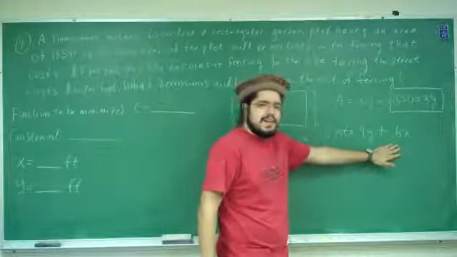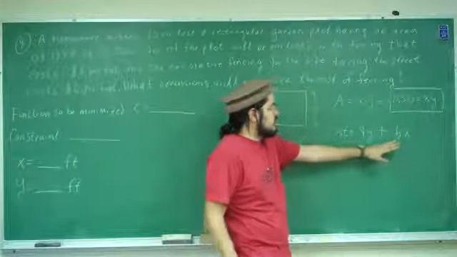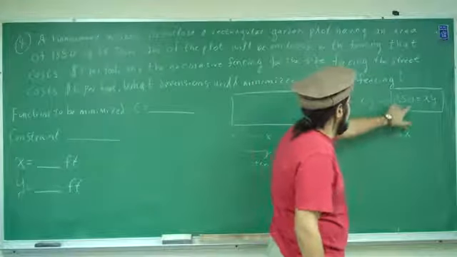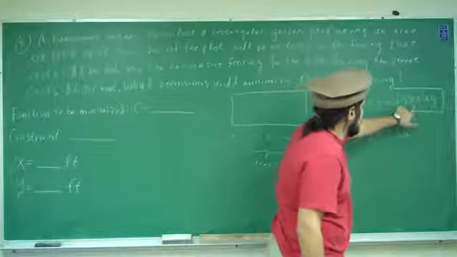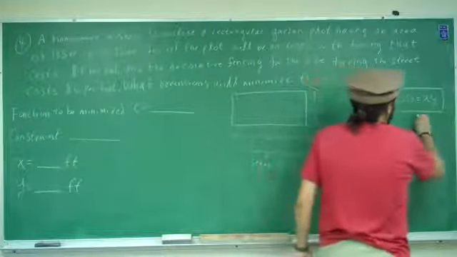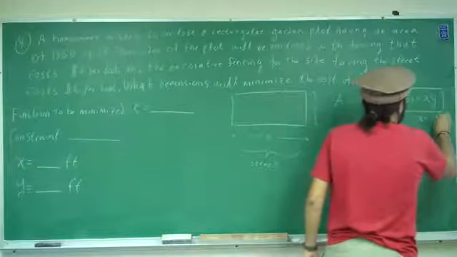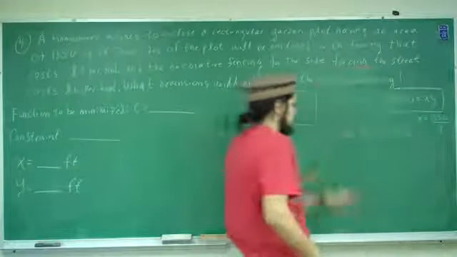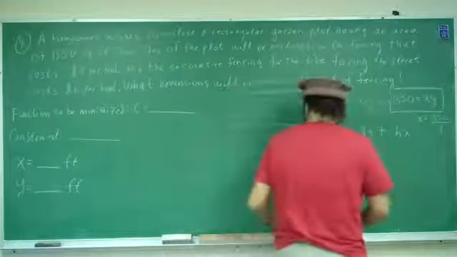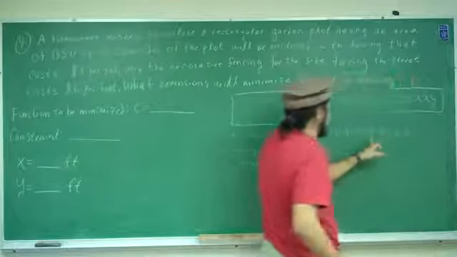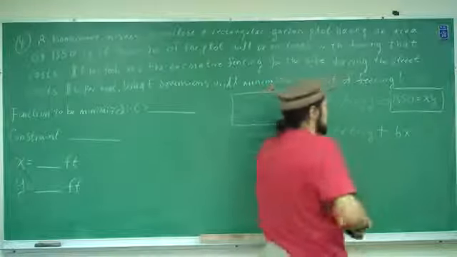Now, it would be nice if we have this function in terms of just one variable. Let's say x. So if I have it just in terms of x, I need to solve this equation for x. So if I solve this equation for x, I get that x is equal to 1,350 divided by y. Let's solve this for y, sorry. I wanted to solve for y, not x, so I can just plug it in here and have the whole function in terms of x.